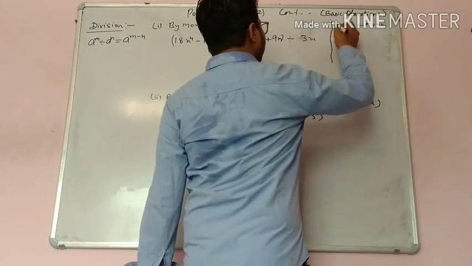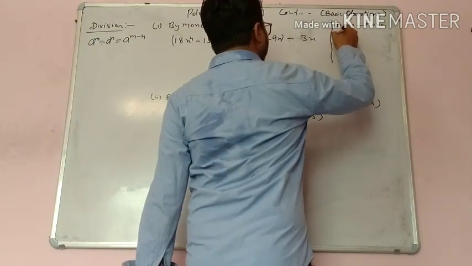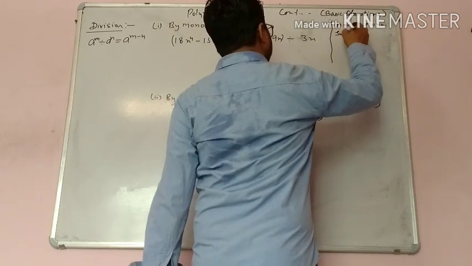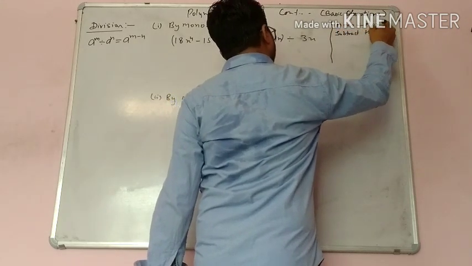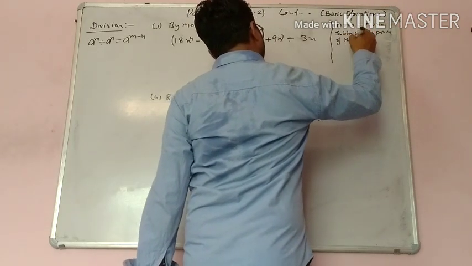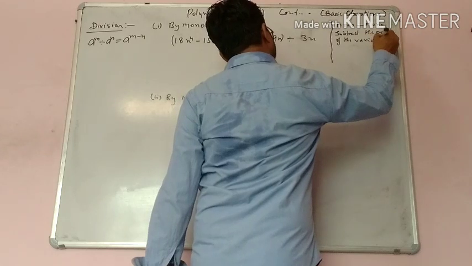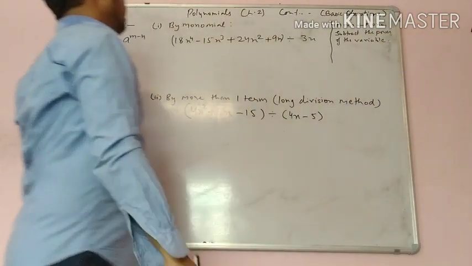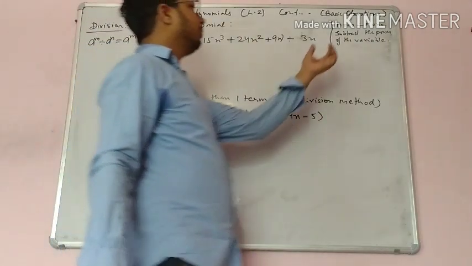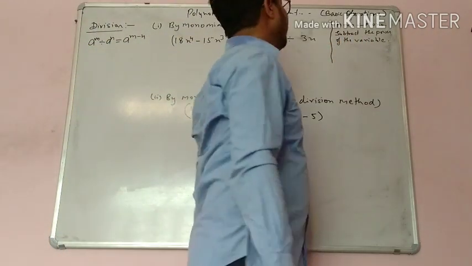First, subtract the power of the variable. In multiplication we added the power of the variable, here we have to subtract the power of the variable.